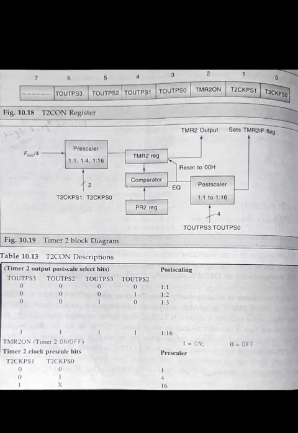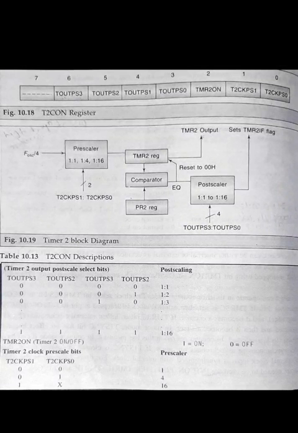Then this clock is given to the Timer 2 register, which counts the incoming clock pulses. While counting, the value in the Timer 2 register is compared with the PR2 register. If Timer 2 and PR2 are equal, the output of the comparator resets the Timer 2 register.